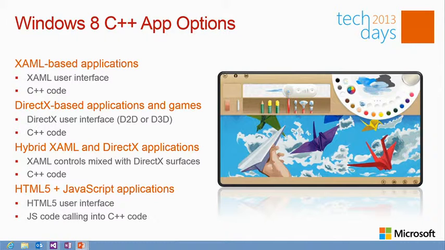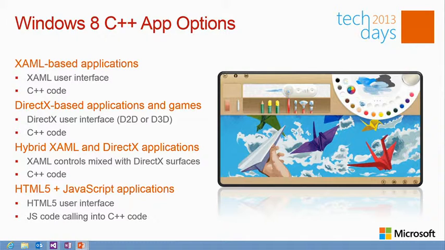You can also create a DirectX application. And is anybody using DirectX already? Only one, okay? If you're already using DirectX, it is exactly the same DirectX that you've been using forever, right? And you're able to use that in Windows 8 Store applications. You can create hybrids of XAML and DirectX. You can have a DirectX surface on a big XAML application that has the controls in XAML, and then the animation and the really cool, fast and fluid stuff is done in DirectX.